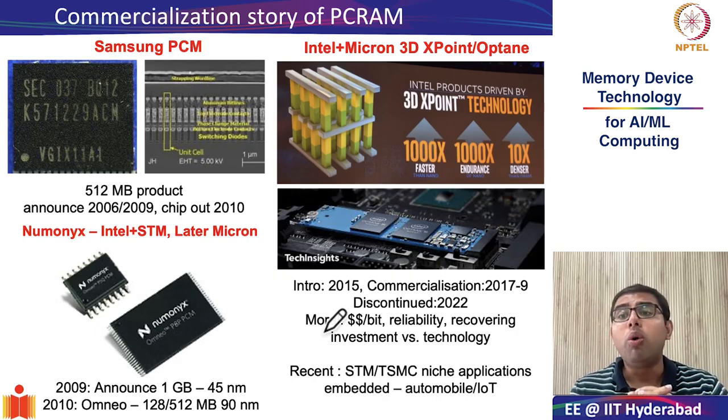Also, we saw how excellent multi-bit performance and endurance up to almost 10 to the power of 8 cycles is possible through different pulsing mechanisms in the PC RAM cell. However, the scaling challenges of PC RAMs were really very dominant.